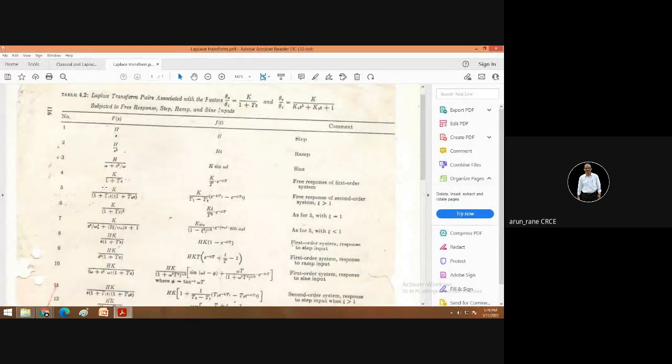K upon 1 plus ts or k upon 1 plus td, that is nothing but the free response of a first order system. This all you will learn in second order system: zeta is equal to 1, zeta is less than 1, zeta is greater than 1. So here the Laplace inverse of this is k upon t into e raised to minus t upon t.